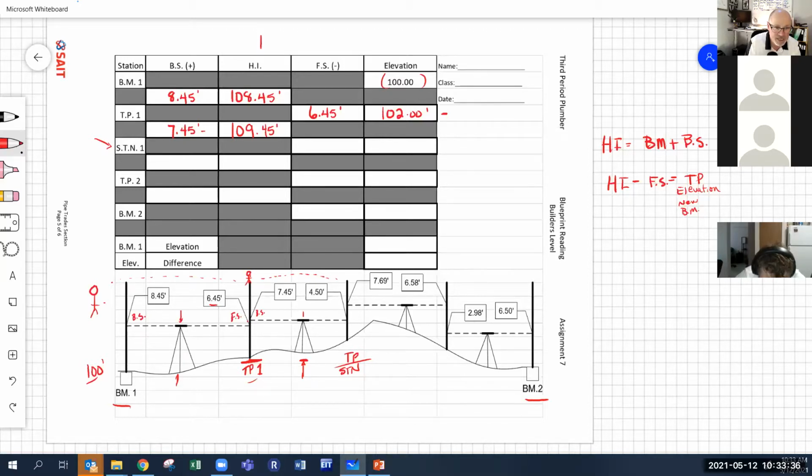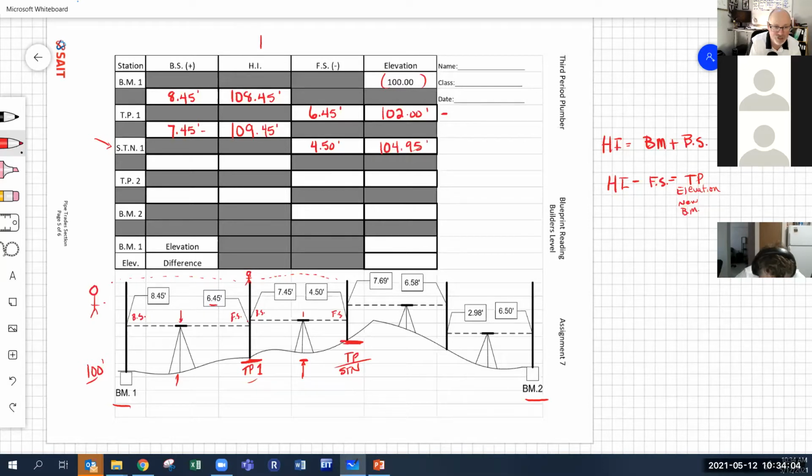And then we take a foresight right here of 4.50 feet. And now we can get the elevation to this, where we take the height of the instrument and minus off the foresight, which gives us 104.95 feet.